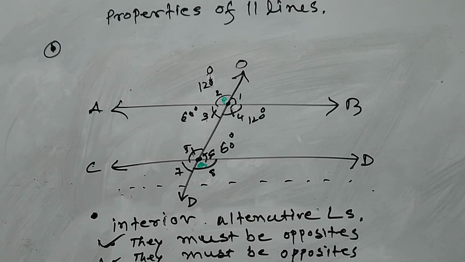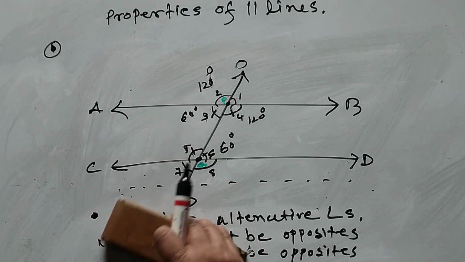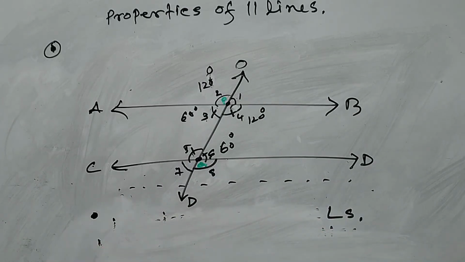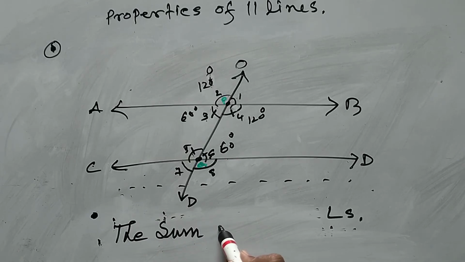Remember this, that the sum of the co-interior angles equals 180 degrees. The sum of the co-interior angles is 180 degrees.